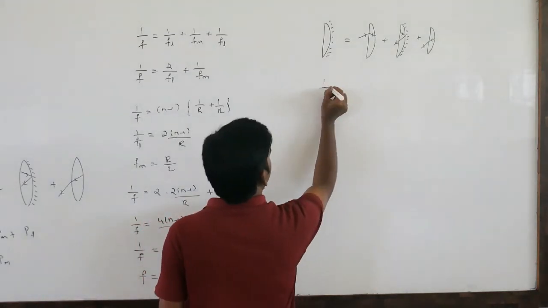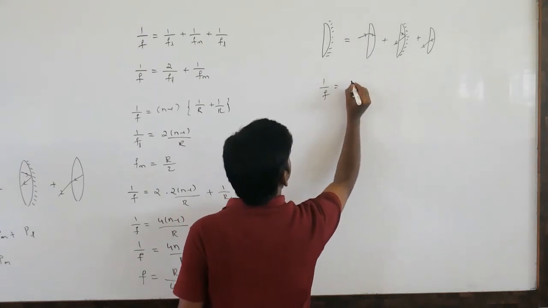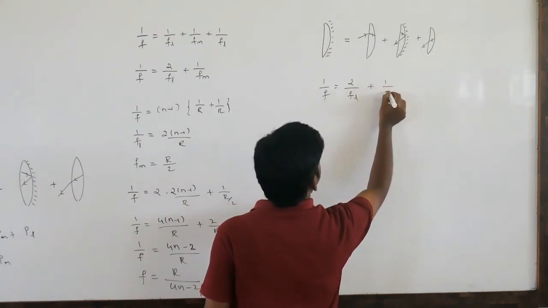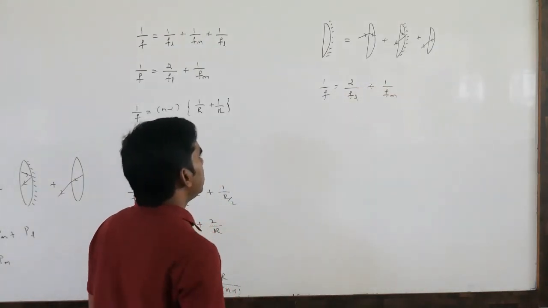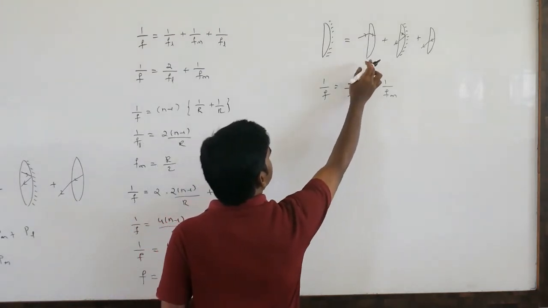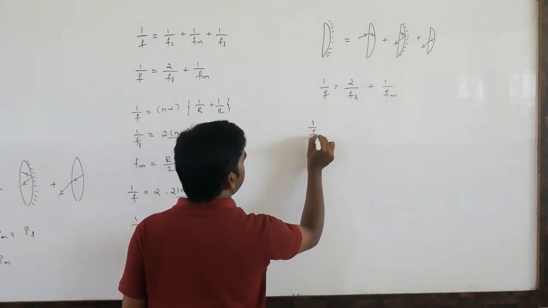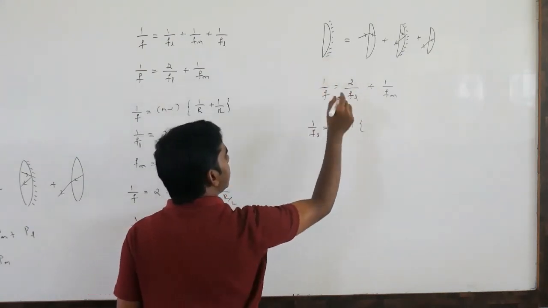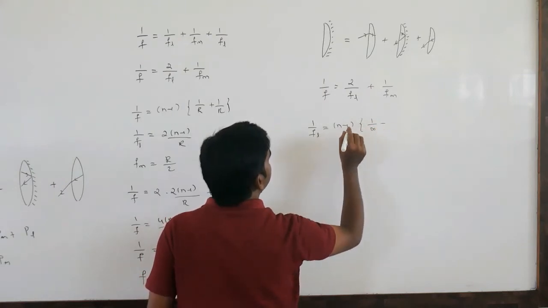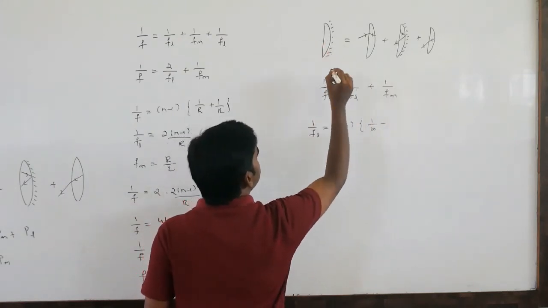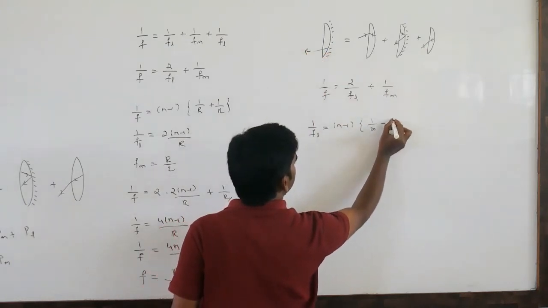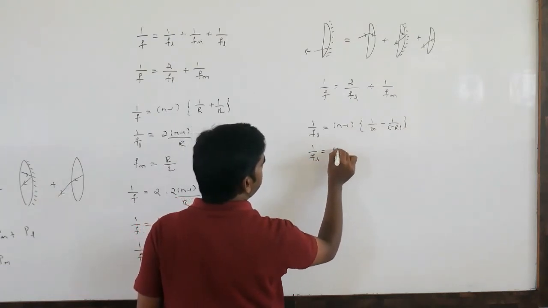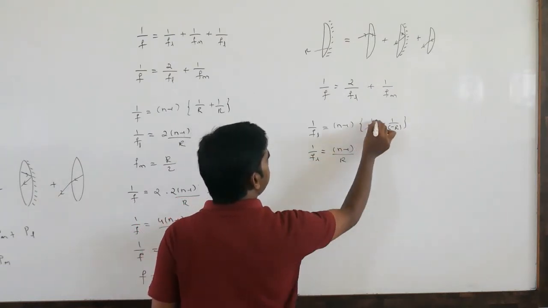Again the same thing. 1 by f equals 2 times, since it is passing through the lens twice, so you can write 2 divided by focal length of the lens plus 1 times focal length of mirror. Now finding the focal length of lens is required. So 1 by fl equals (n minus 1) times (1 by r1 minus 1 by r2). The first surface is plane, that means r1 will become infinite. The second is the radius of curvature, we can take it as r. So minus of minus r. So 1 by fl equals (n minus 1) divided by r, and this term will become 0.